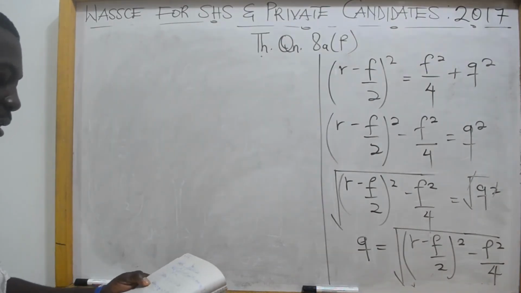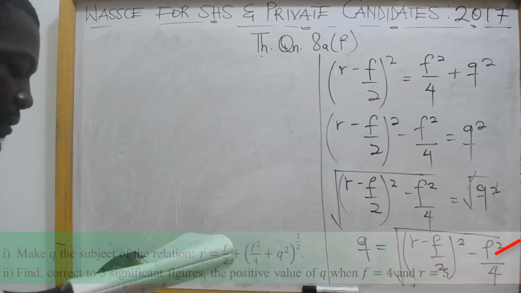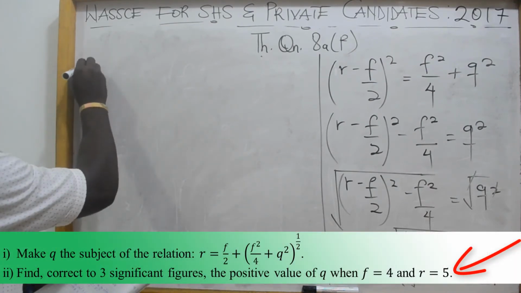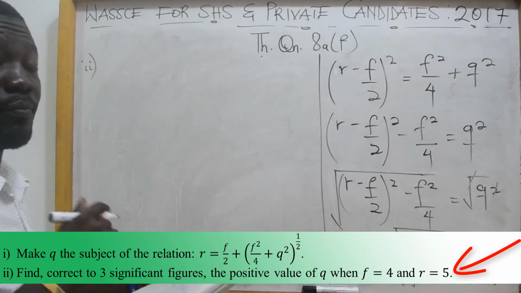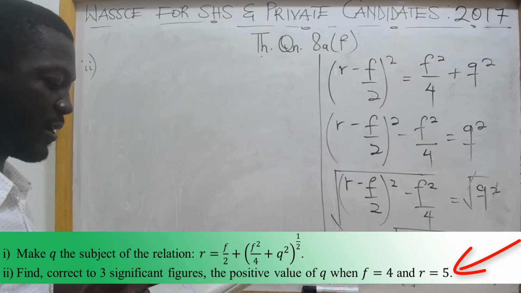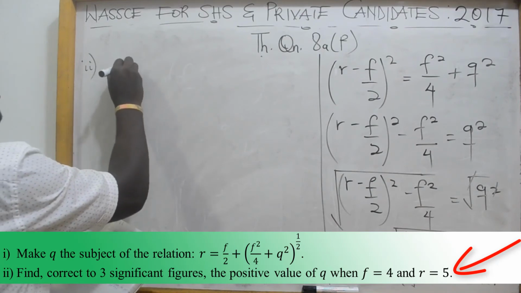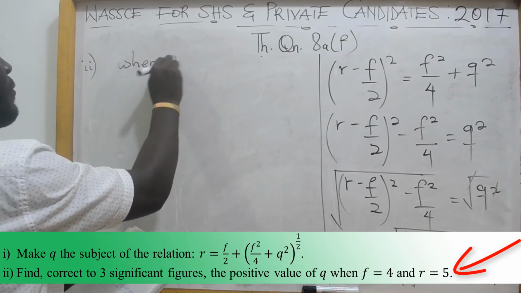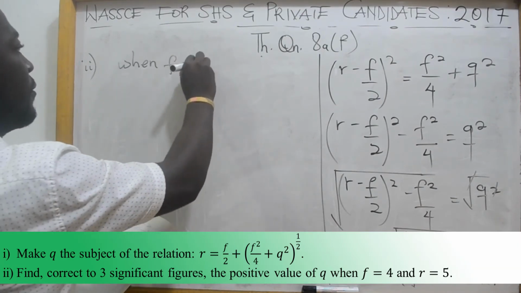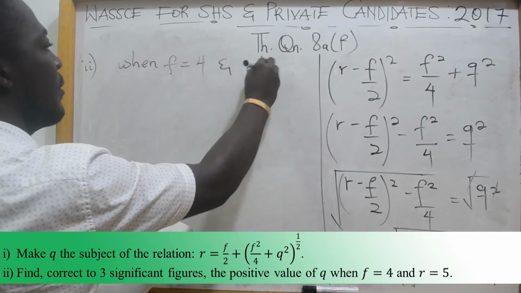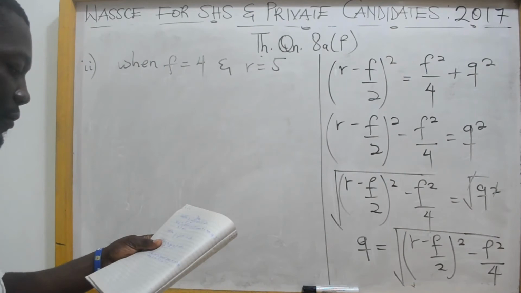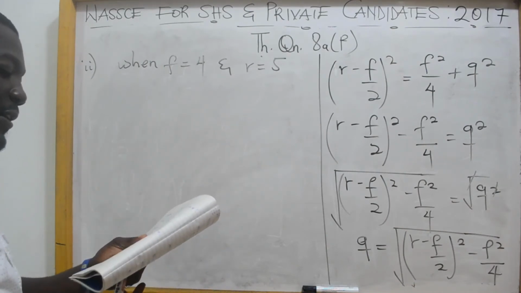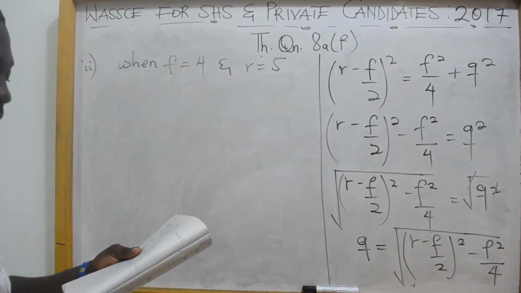The II says we should find correct to three significant figures the positive value of Q when F is equal to 4 and R is equal to 5. So we have to find Q correct to three significant figures.